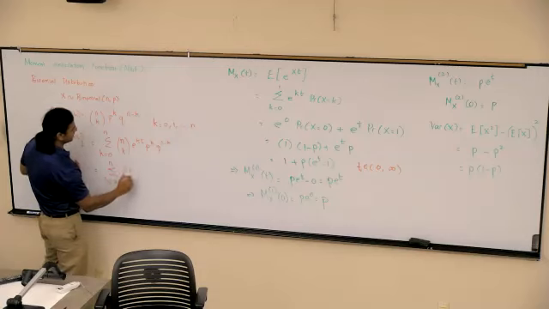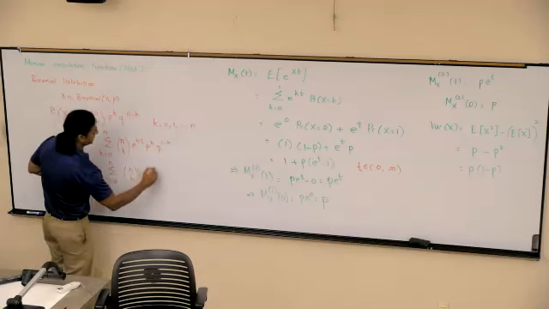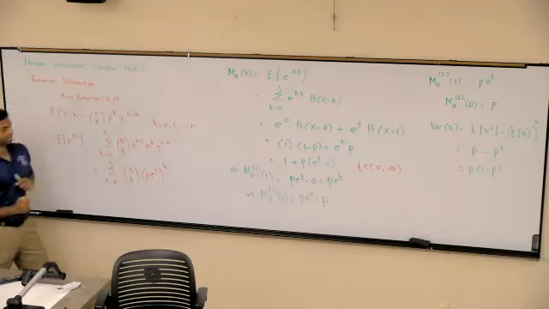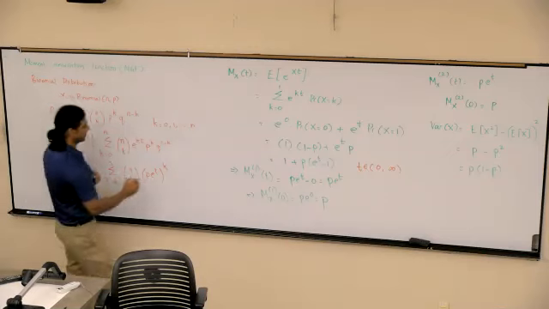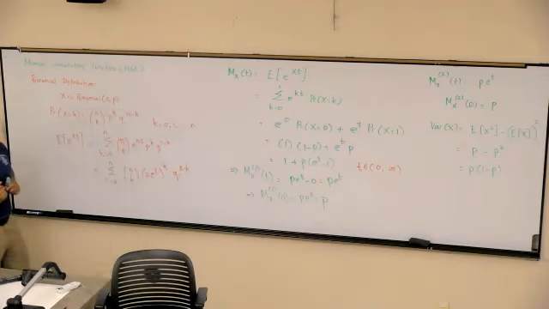How about I do this instead? p e raised to t, raised to k, multiplied by q raised to n minus k. Good. Well, where do we go from there?